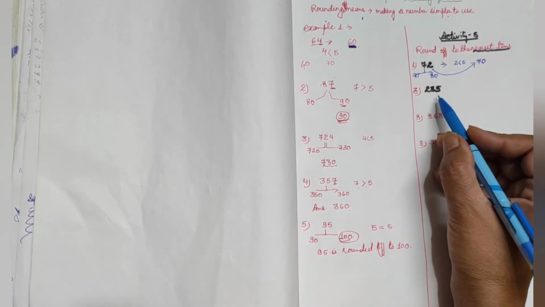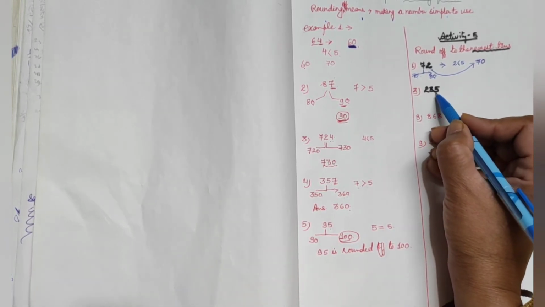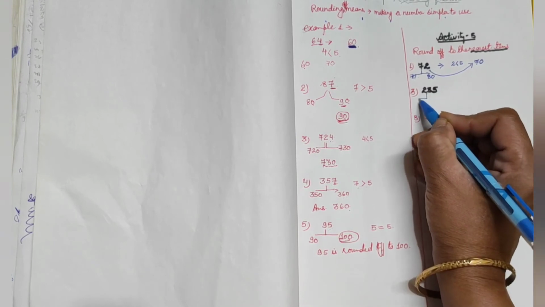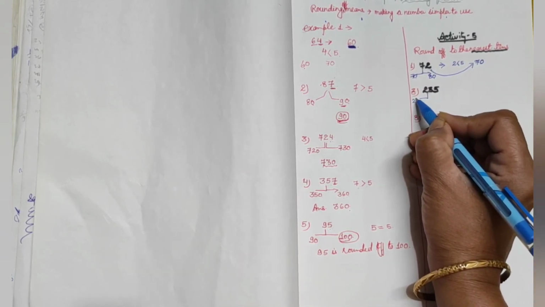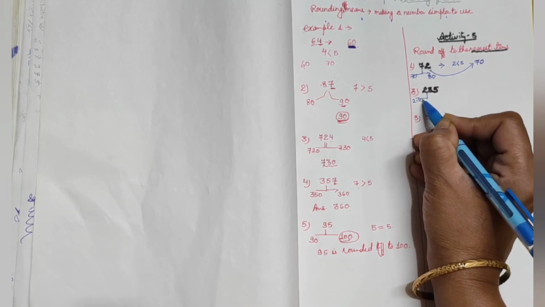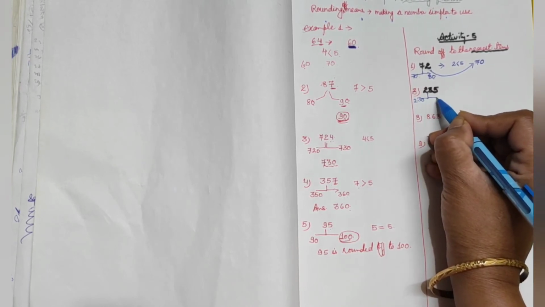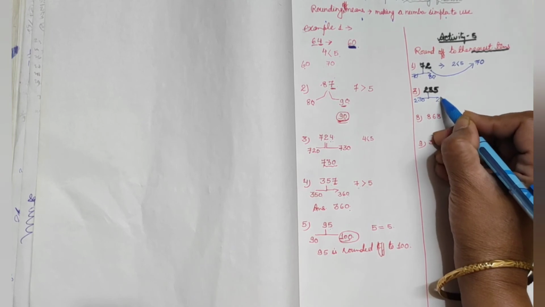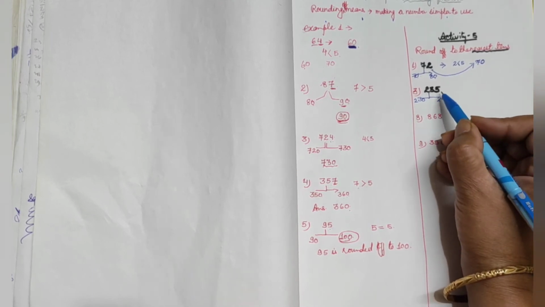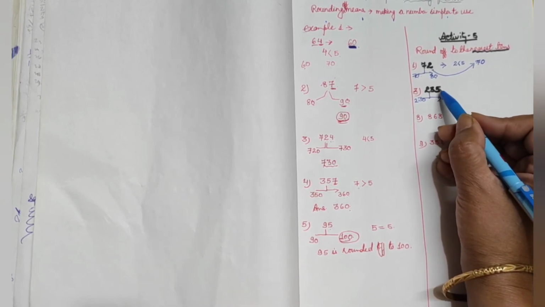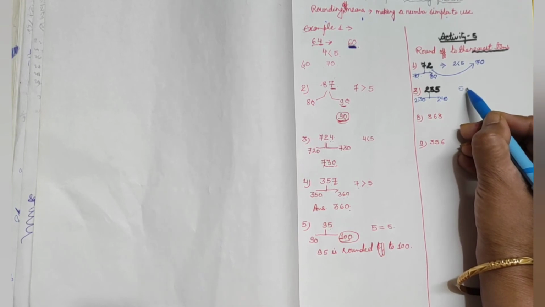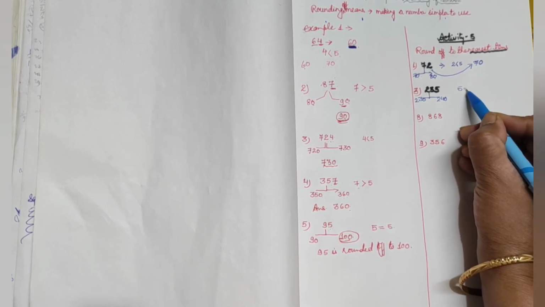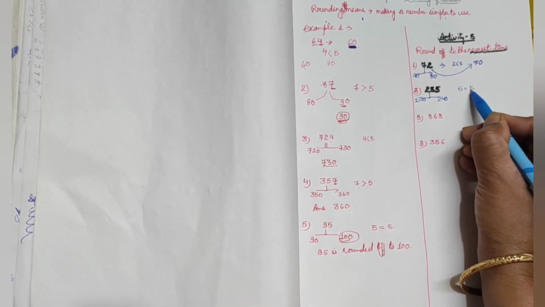In third part, 235, the lower number is 230 and the upper number is 240. If we check the ones place digit, here the ones place digit is 5, which is equal to 5.